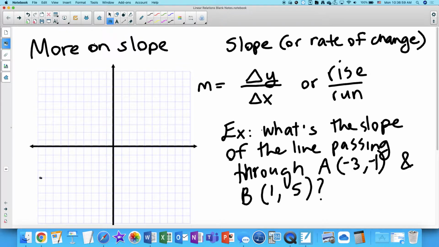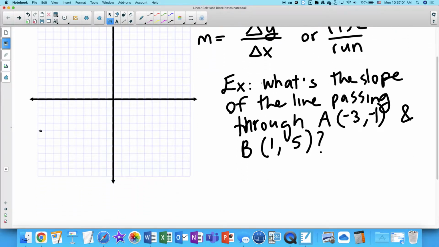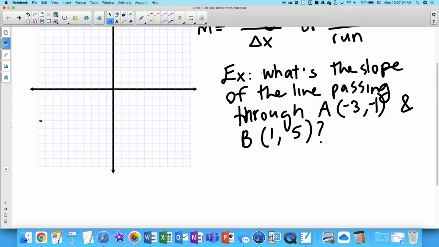Okay, so what is the slope of the line that passes through those two points?